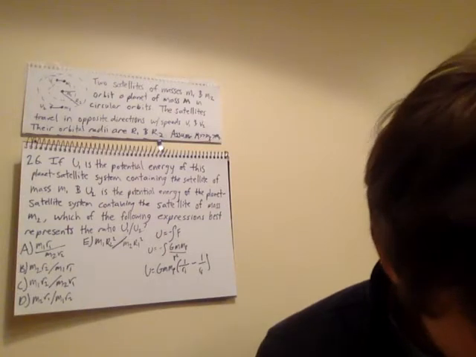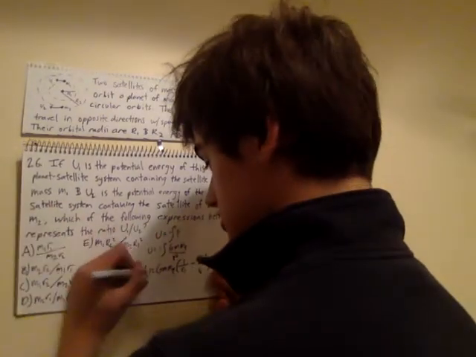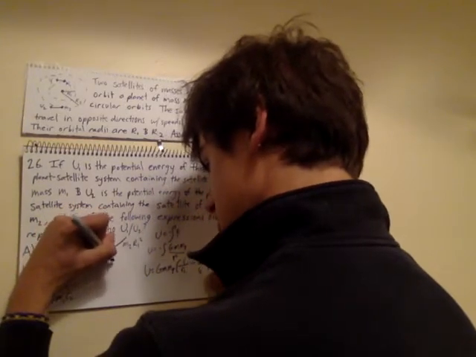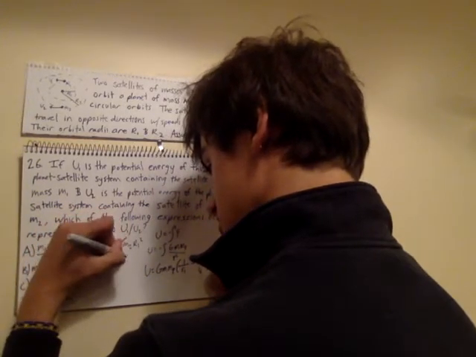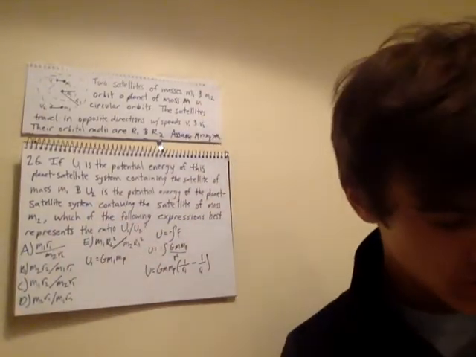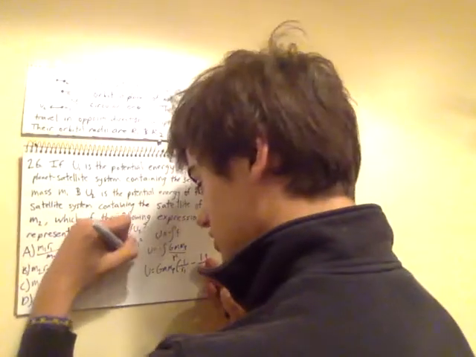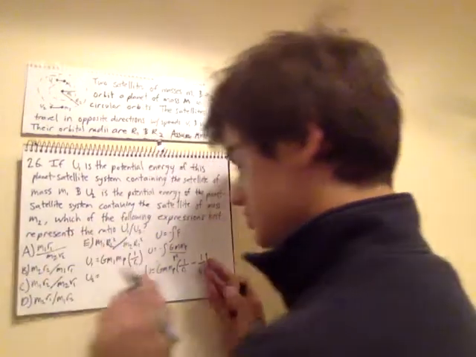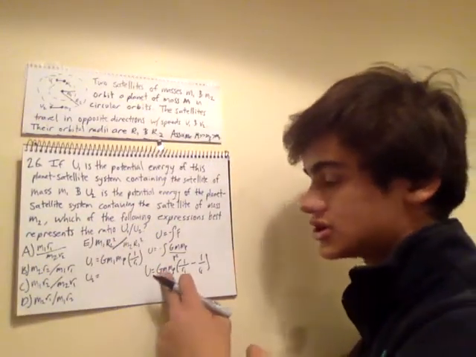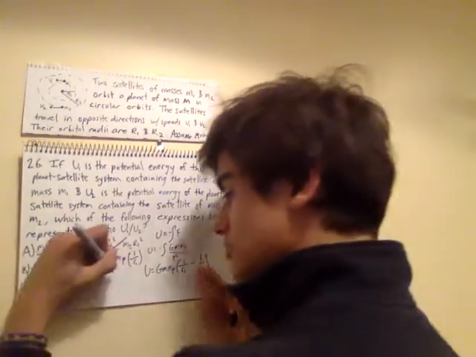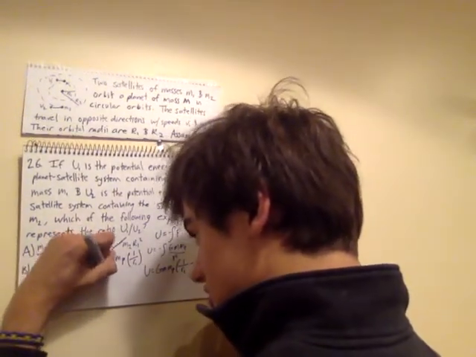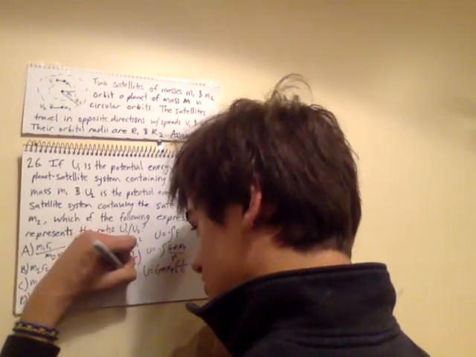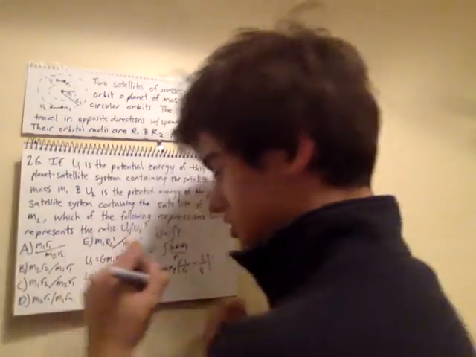So let's set this up for U1. U1 is equal to G M1 MP times 1 over R1, and U2 is going to be equal, we can just plug in the subscripts here because it's going to be the same variables again, is equal to G M2 MP times 1 over R2.